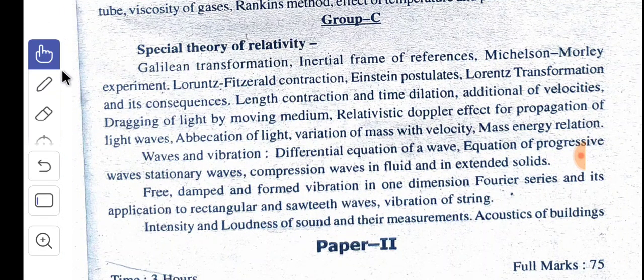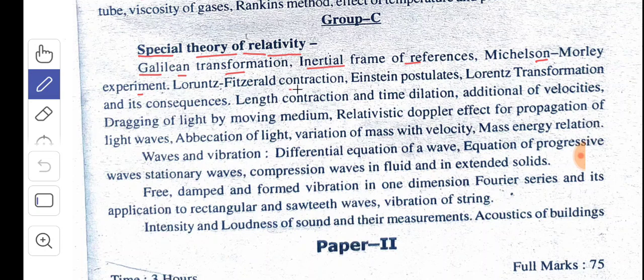And next is special theory of relativity. In special theory of relativity, the topics we have to cover are Galilean transformation, inertial frame of references, Michelson-Morley experiments, Lorentz-Fitzgerald contraction, Einstein's postulates, Lorentz transformation and its consequences, length contraction and time dilation, addition of velocities, dragging of light by moving medium, relativistic Doppler effect for propagation of light waves.